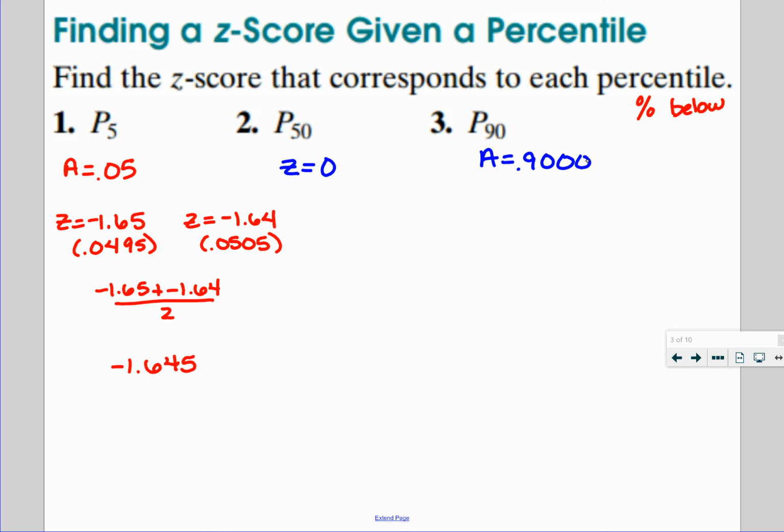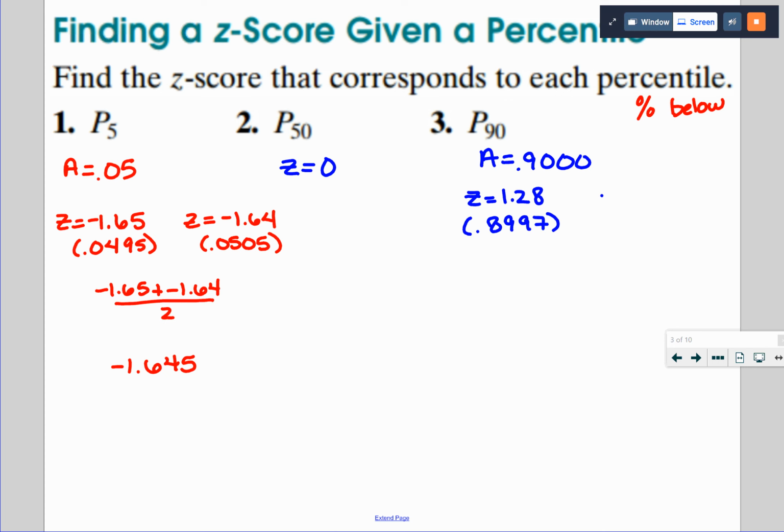Okay, and it looks like it's between two numbers again. So if I look at a z-score of 1.28, I have 0.8997. If I look at a z-score of 1.29, I have an area of 0.9015.